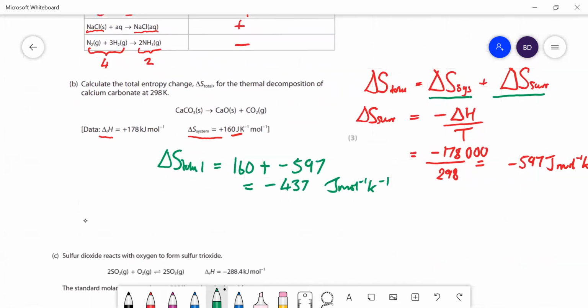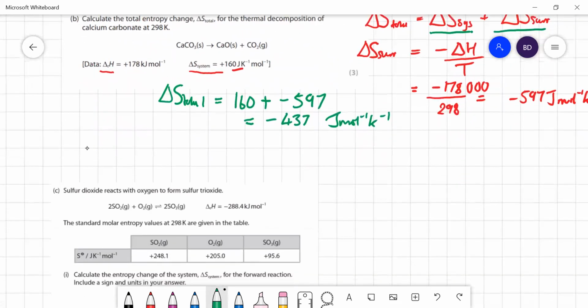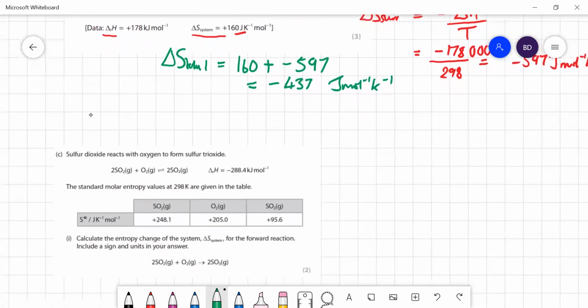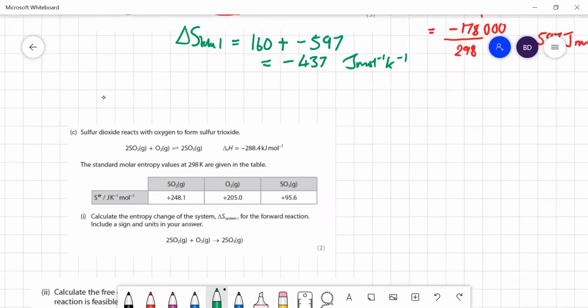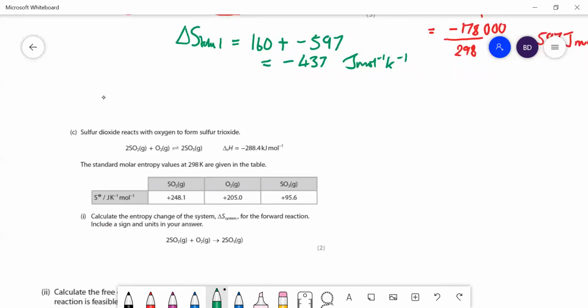Moving on. Okay, the reaction of sulfur dioxide with oxygen to form sulfur trioxide, they give us delta H and they give us molar entropy values. We've got to calculate delta S for the system. So delta S for the system is equal to the sum of the S of the products minus the sum of the S of the reactants.